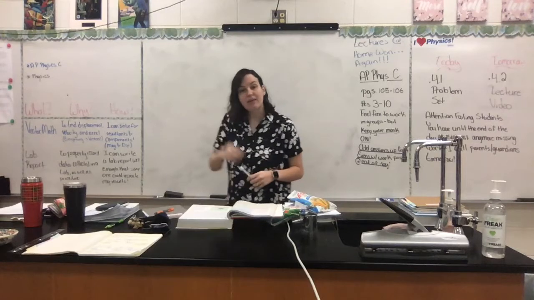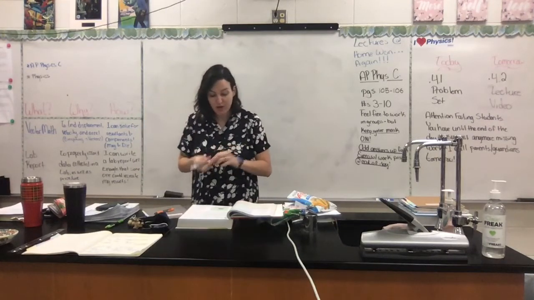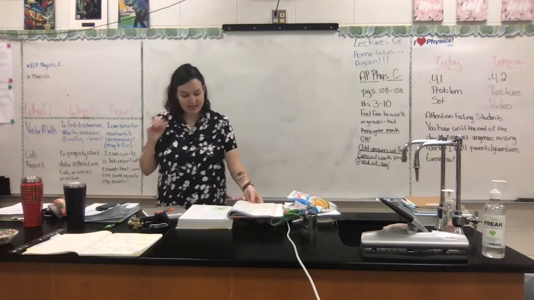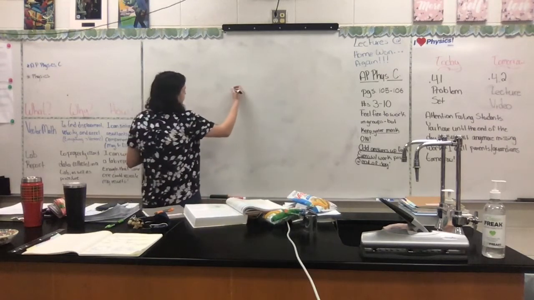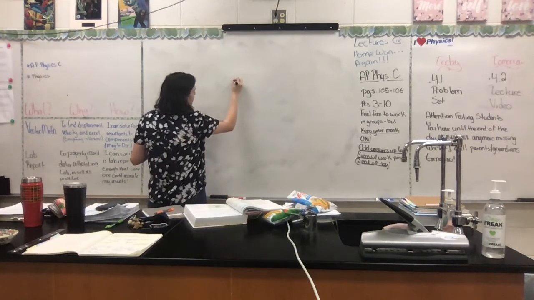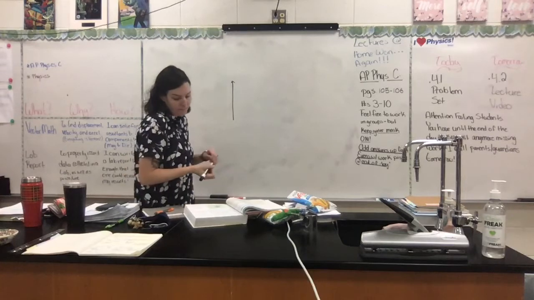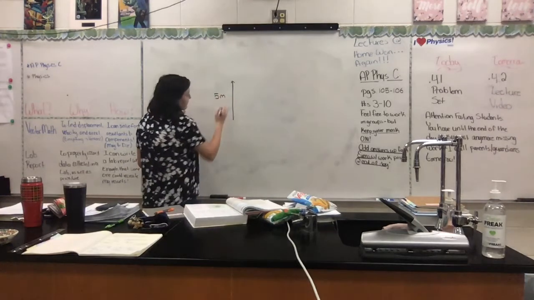So today we're talking about adding and subtracting vectors. So for instance, let's say we had two vectors, and let's say we were walking, and we walked north for 5 meters, okay?